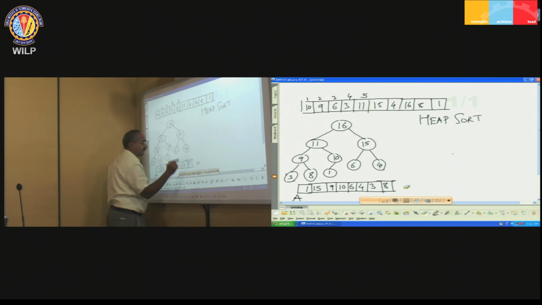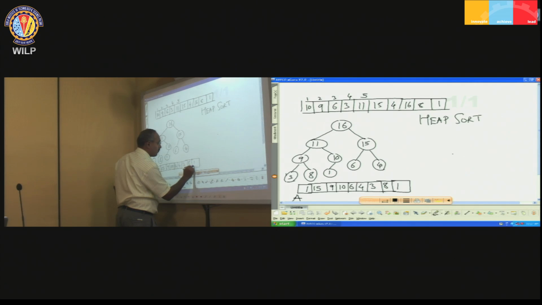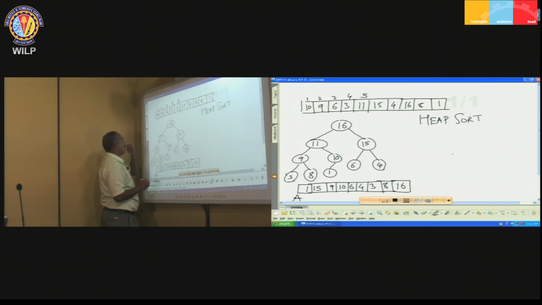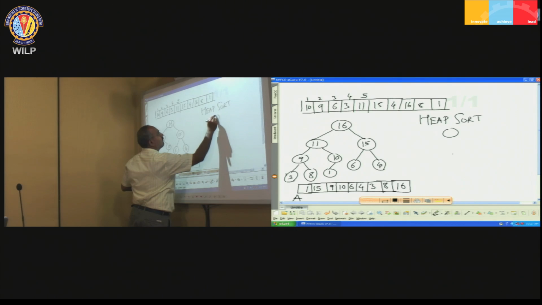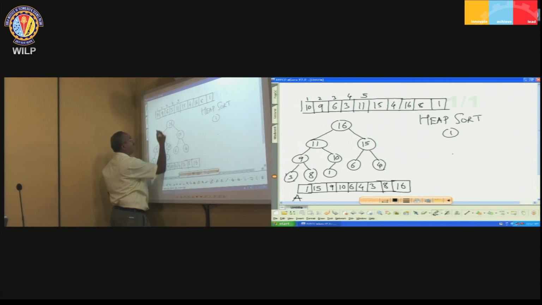So, after doing the swap, your 1 will go here, and 16 is not going to be considered now.